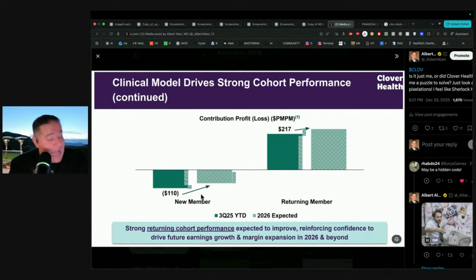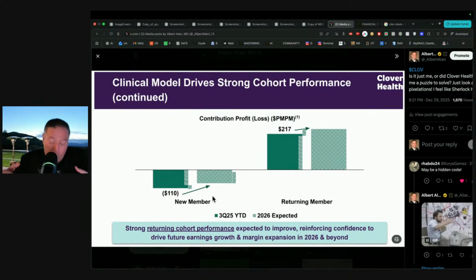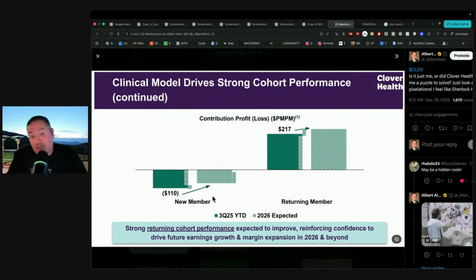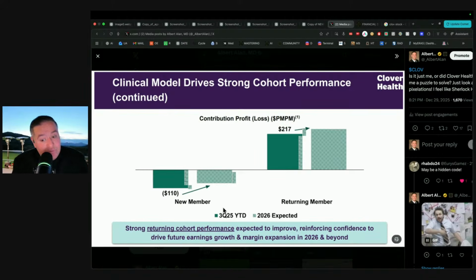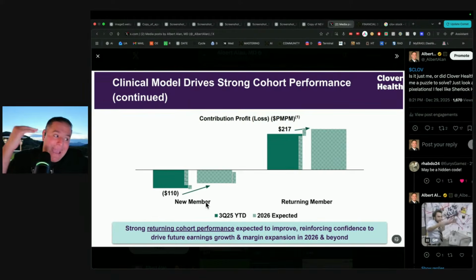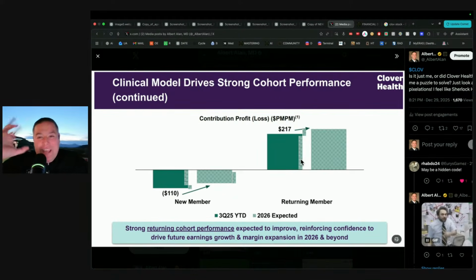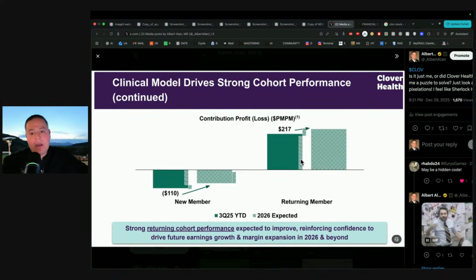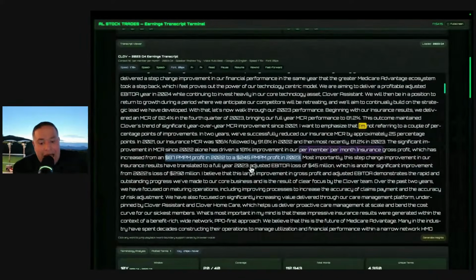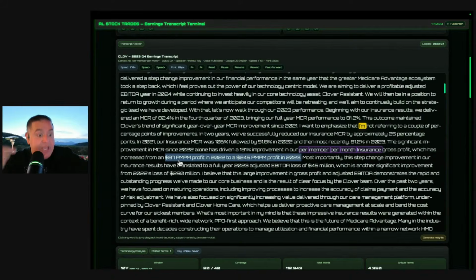And we did that and we got negative. So what this box value analysis is showing us, for next year of 2026 expected from the horse's mouth is new members now costing -80, and then returning members giving us around 248 to 250, which actually falls in line with how they used to be back in 2023 Q4 or this year when they reported it in February.